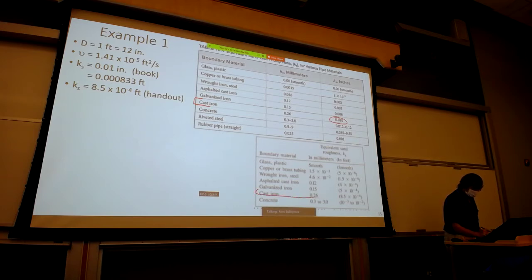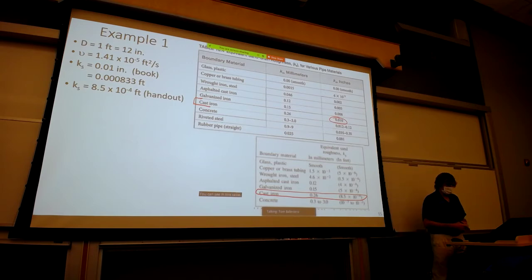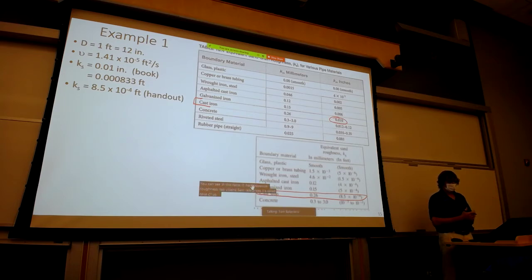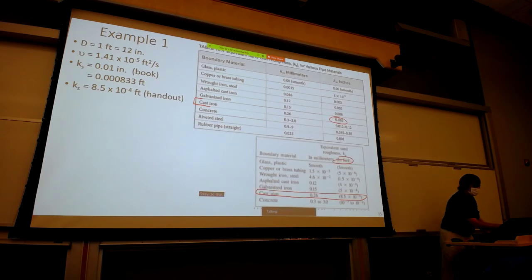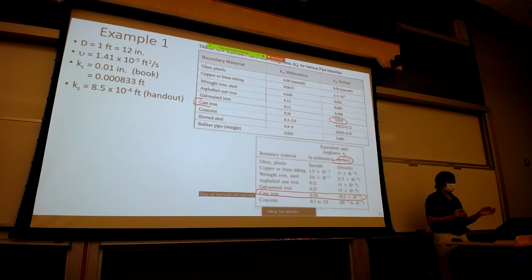If you look at cast iron, you can see in this table it has an absolute roughness, equivalent sand roughness as it's called, k sub s, of 8.5 times 10 to the minus 4 feet. So that's 0.00085 instead of the 0.000833 above.